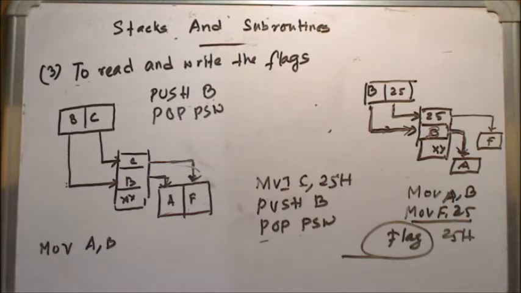So you understood how the flag register gets affected by the data 25H. Understood? This is how you can write the flag register. So you can read as well as write the flag register.